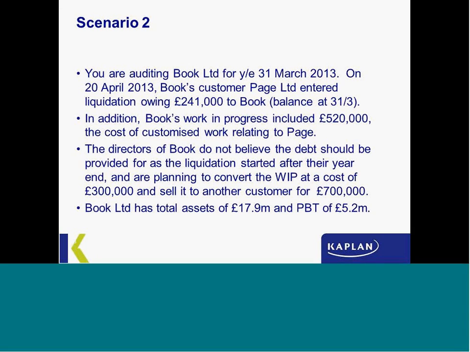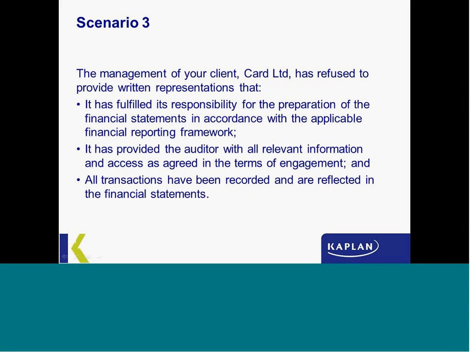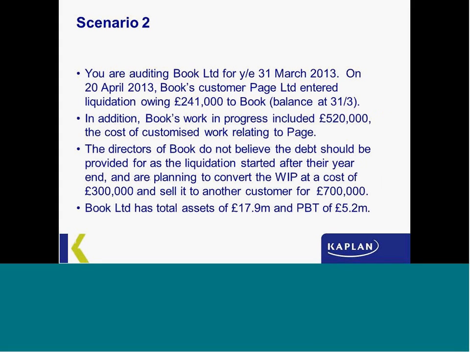Receivables and the work in progress are separate issues. The balance is 241,000. 241,000 as a percentage of 5.2 million gives you 4.6% of profit before tax. If the company has total assets of 7.9 million, then it's 3% of total assets.